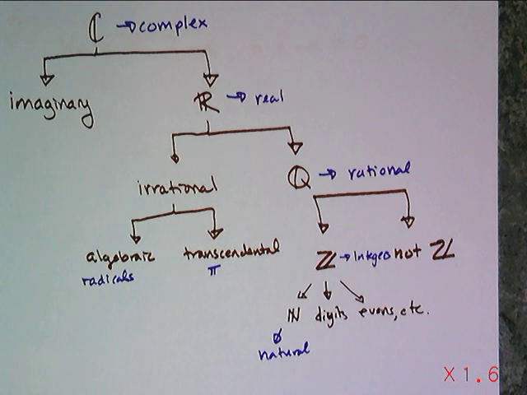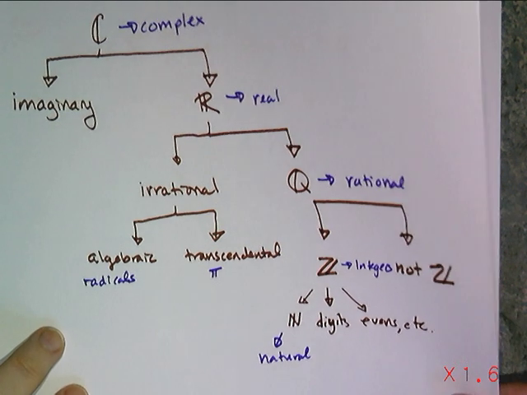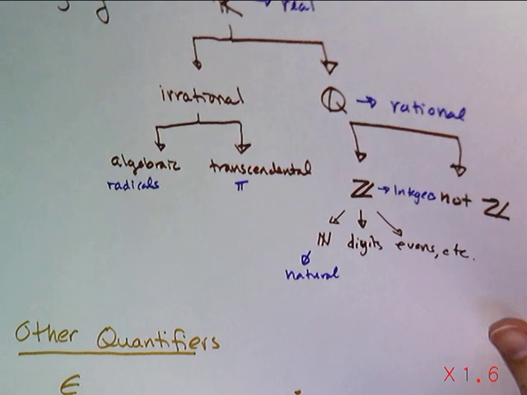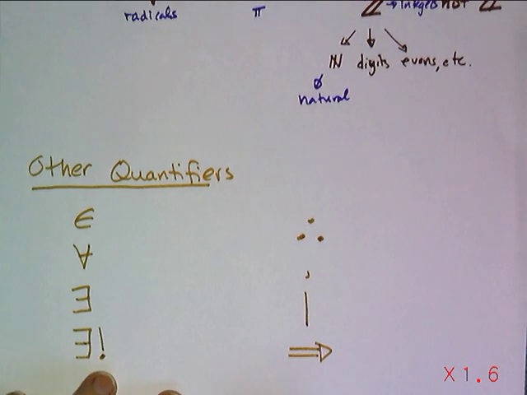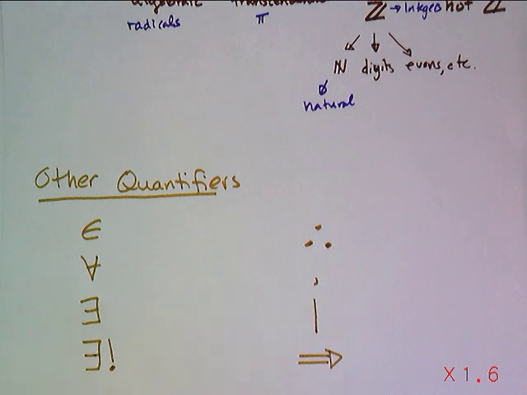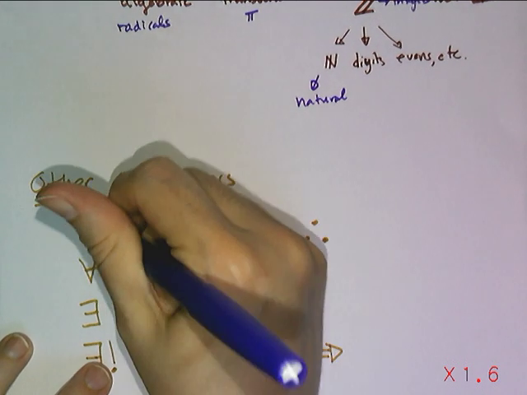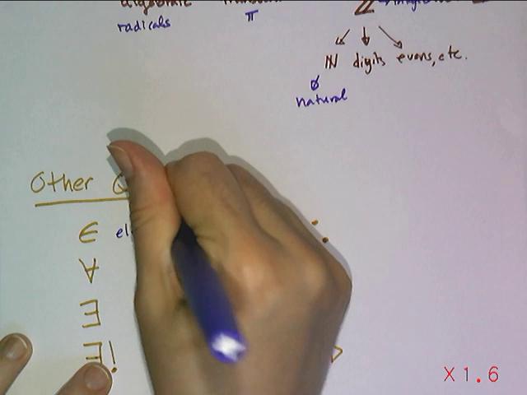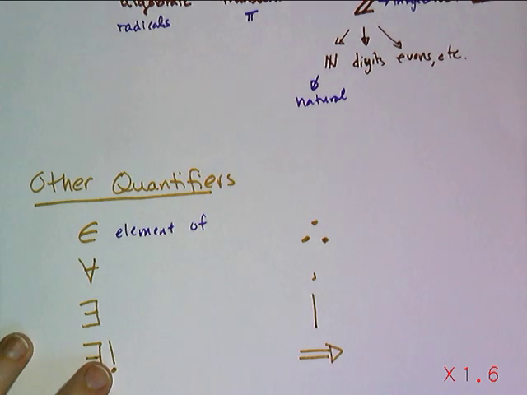Now, there are other useful symbols that you'll see. They are called quantifiers. And here are some quantifiers that you're going to see. This weird E means element of. So that says you want to show that something belongs to something.